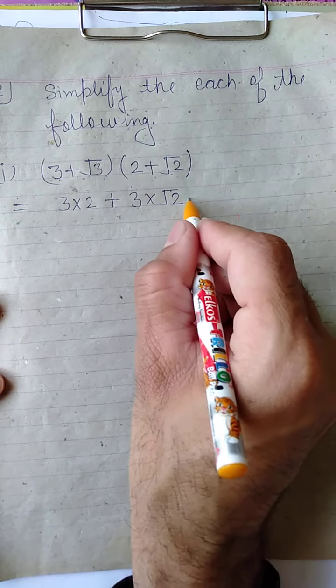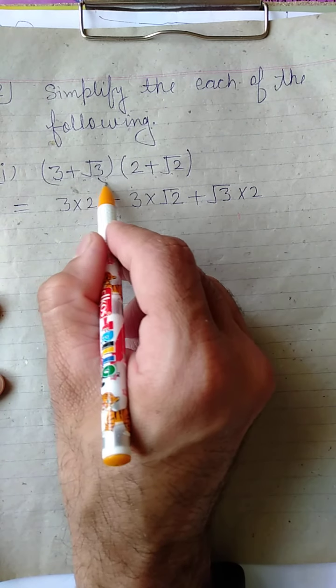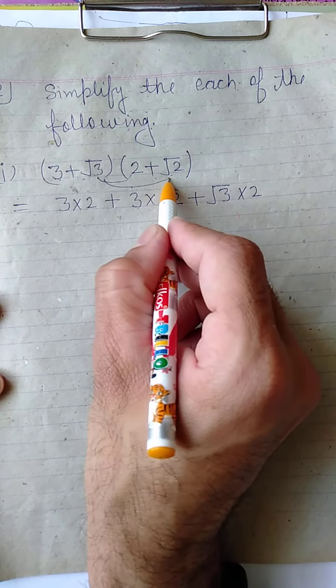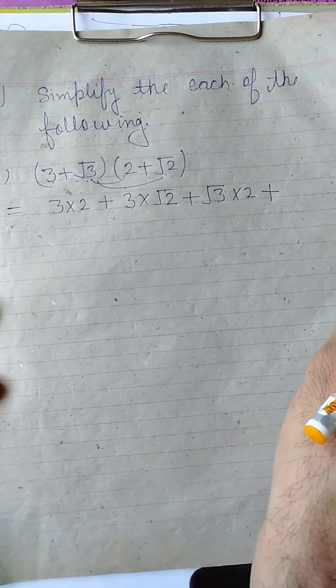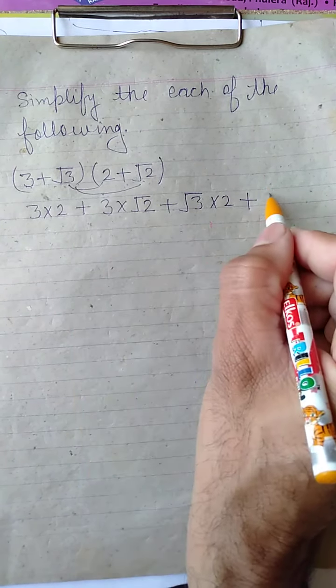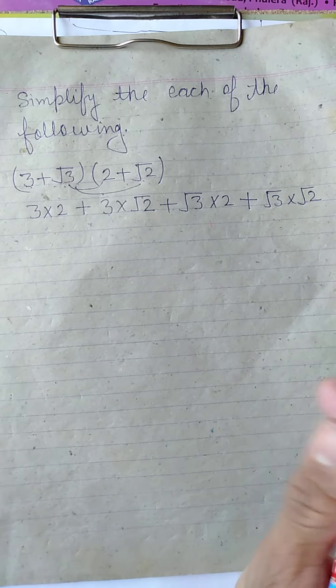Now root 3 will also be multiplied with both of them: root 3 multiplied by 2, plus root 3 multiplied by root 2.